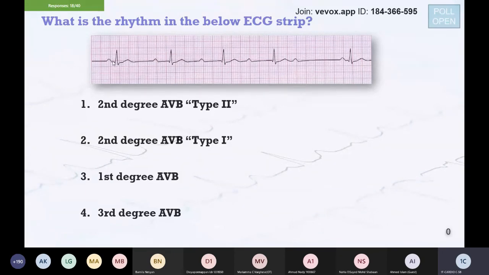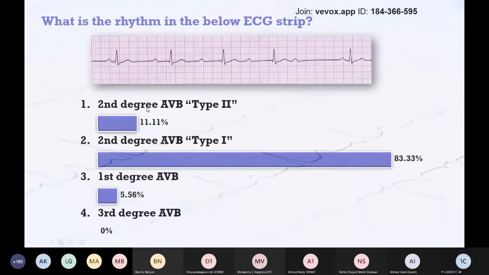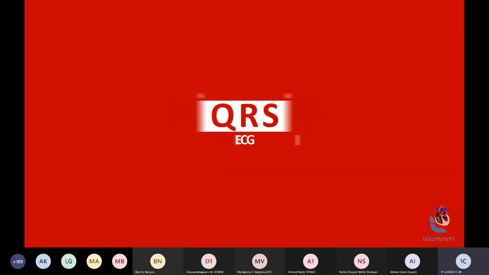Do we have gradual prolongation? Yes, exactly. As you mentioned in your answers, 83% chose type 1 because there was a gradual prolongation. The PR interval here is short, gradually prolonged, with more prolongation until we have a P wave without an accompanying QRS. So this is type 1 second degree AV block.